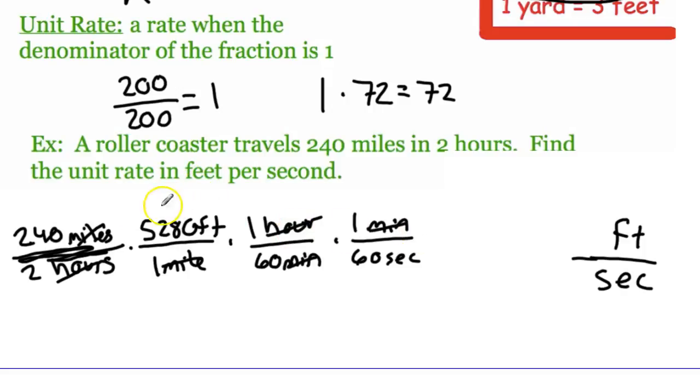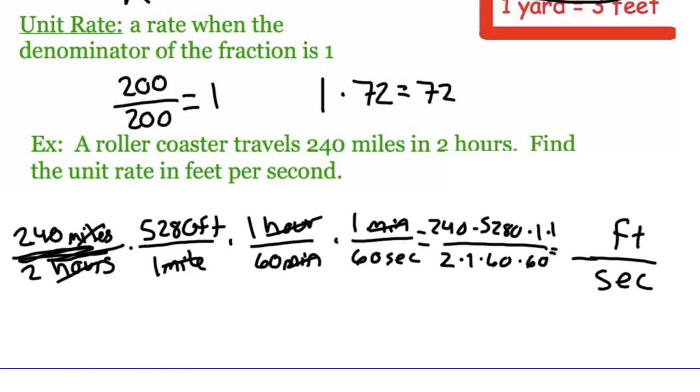To turn this into feet per second, I just have to multiply all the numbers on the top together. So I do 240 times 5,280 times 1 times 1. And on the bottom, I do 2 times 1 times 60 times 60.